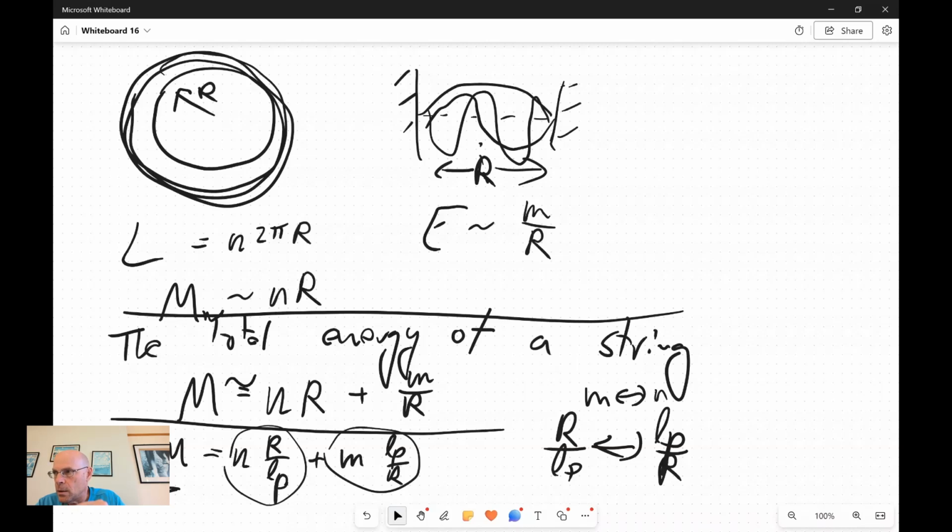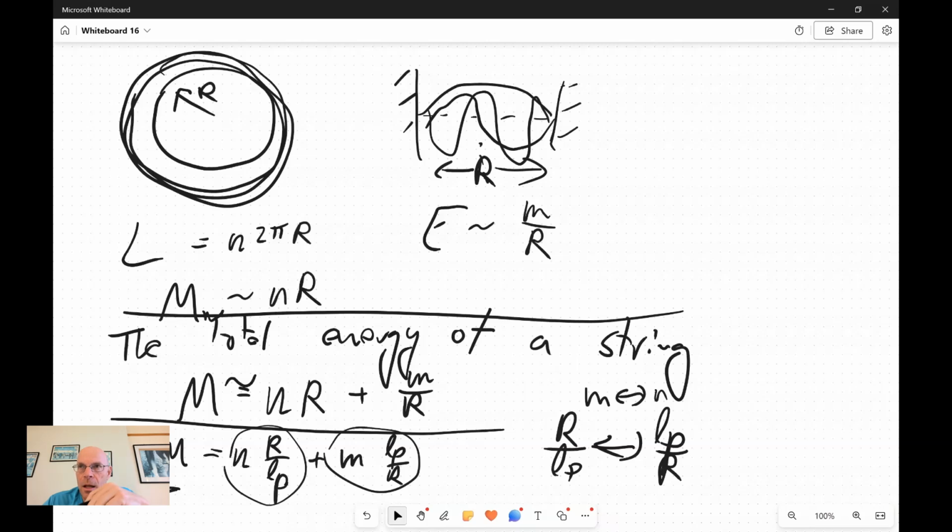So what it really means is that strings that propagate in a universe of radius r have two contributions to their energy, and under T-duality we can exchange r over L Planck with L Planck over r, and at the same time exchange these excitation modes and winding modes.